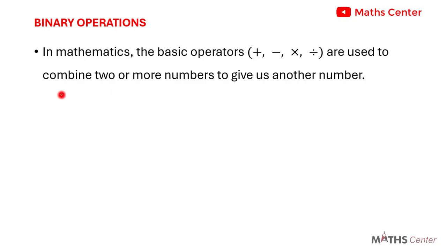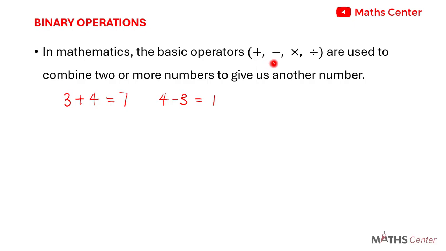For example, if we have 3 plus 4, the operator addition combines 3 and 4 to give us 7. If we have, let's say, 4 minus 3, the operator subtraction combines 3 and 4 to give us 1. The same goes for multiplication and division.